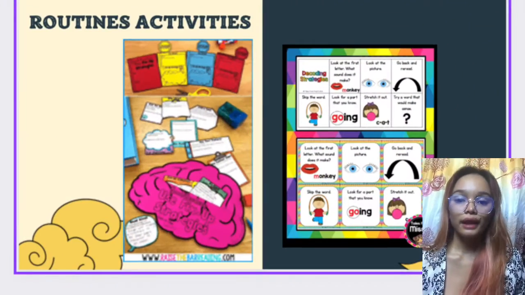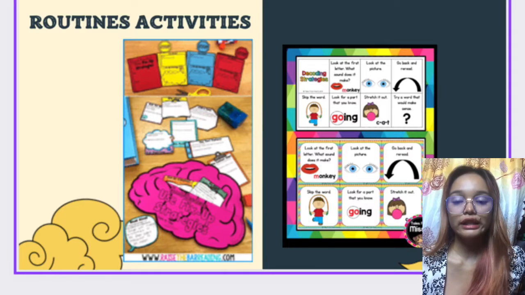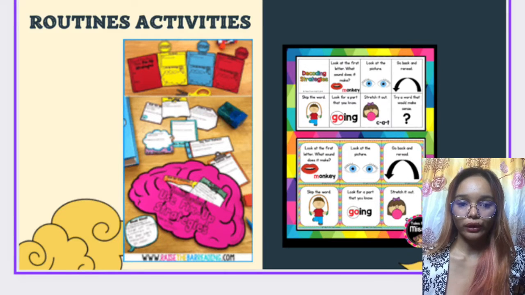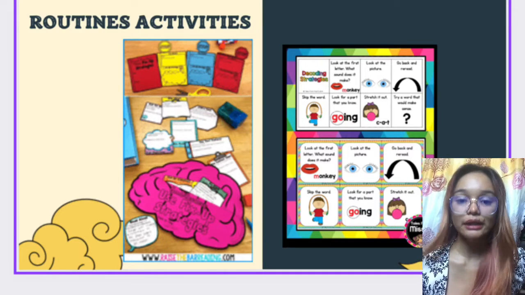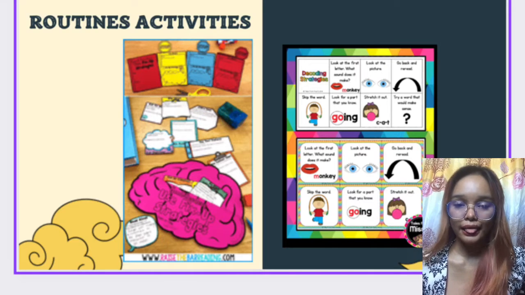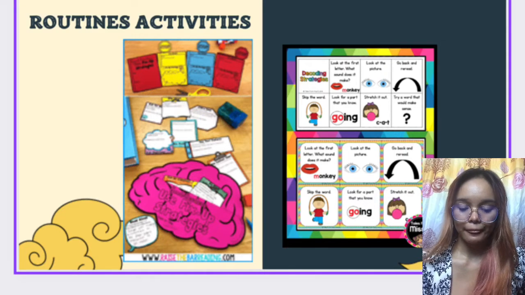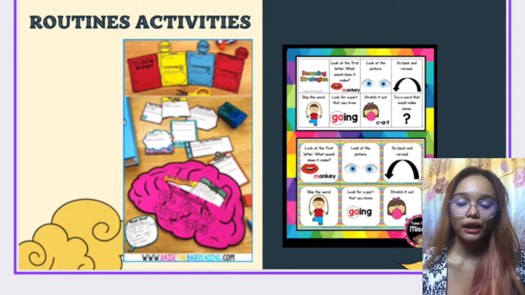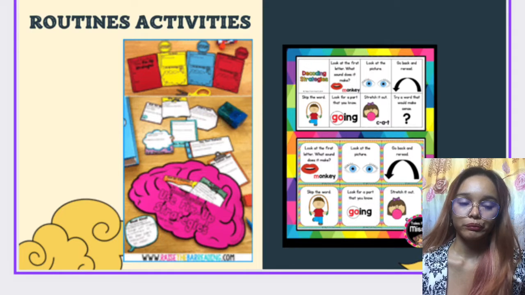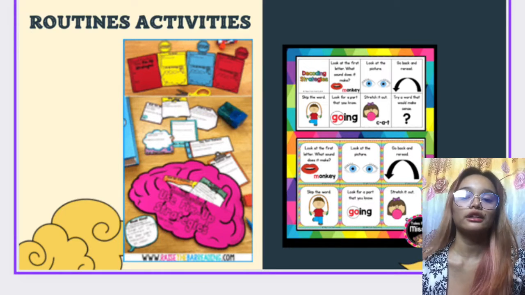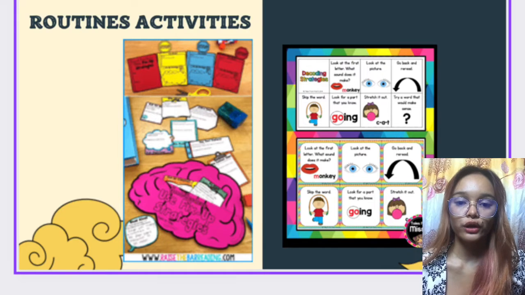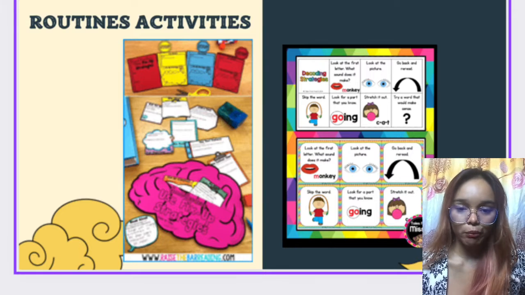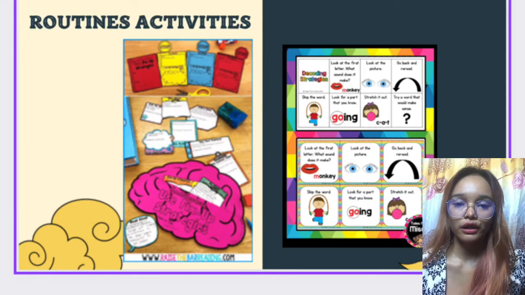Now next is routine activities. Routine activities play an important role in learning and teaching languages. For example, the teacher assigns one student every day to perform or lead the prayers, so that students will actively participate by giving their own prayer.